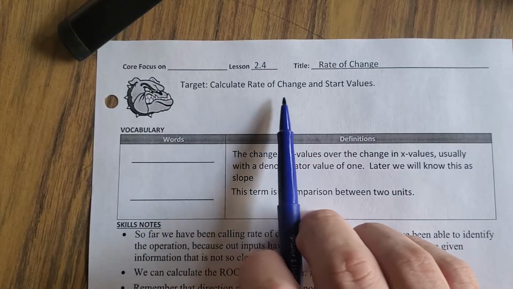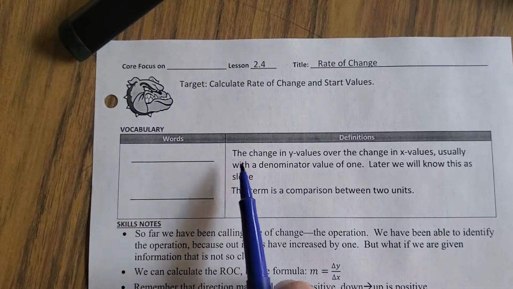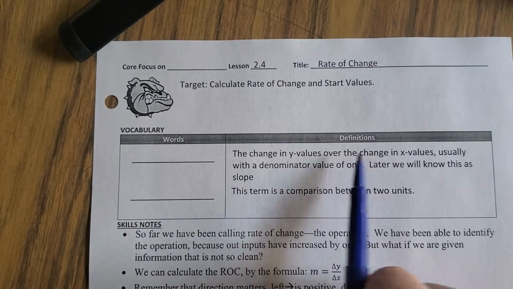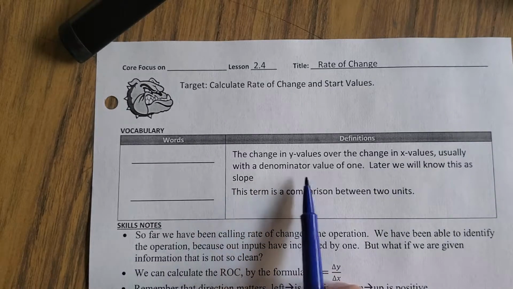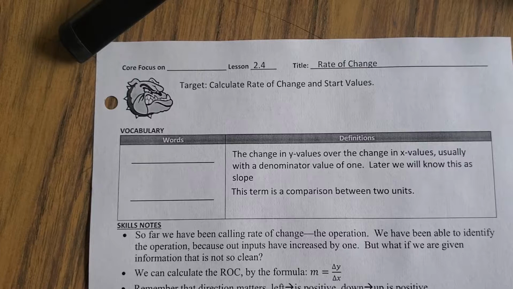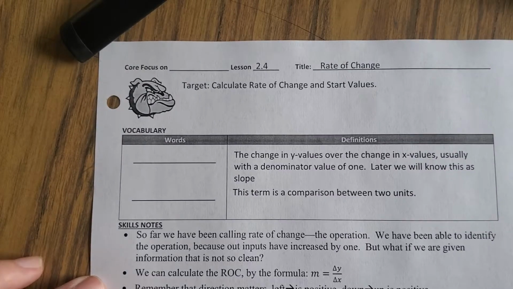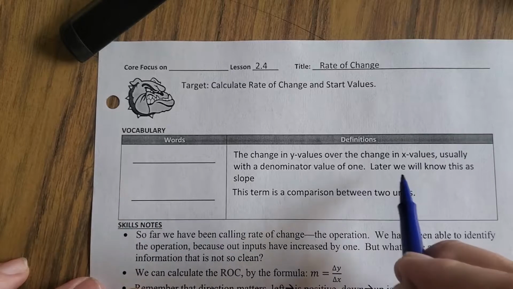So today we're going to be talking about the rate of change. We're going to calculate the rate of change and start values. The change in y values over the change in x values, usually with the denominator value of 1. Later in another lesson, I think about 2.8, we will know this as slope.